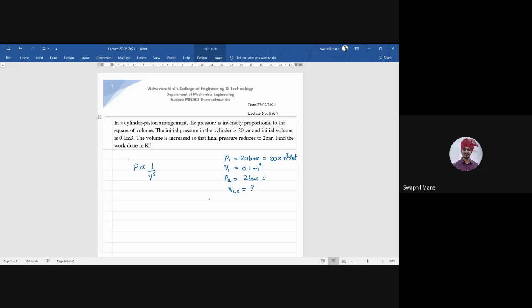This will be equal to 2 into 10 raised to 5 Newton per meter square. Is it okay? This conversion you must know. Newton per meter square is also called Pascal.